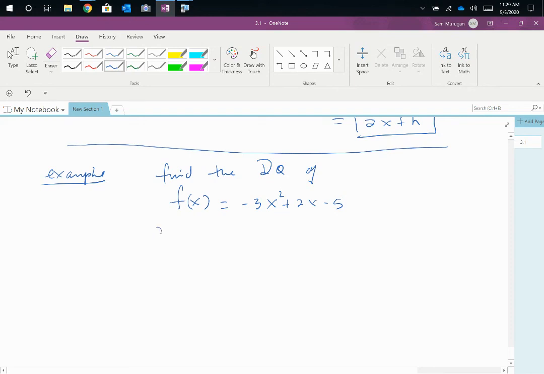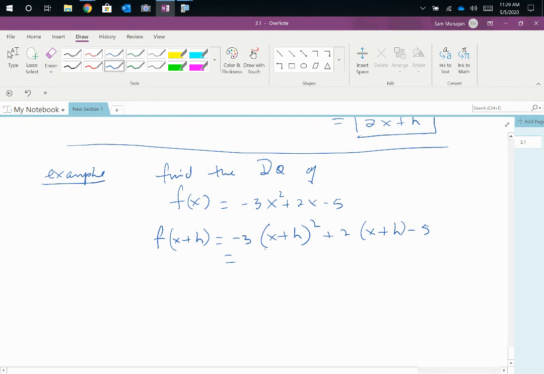Okay, so we start by finding f(x plus h), which is negative 3 times (x plus h) squared plus 2 times (x plus h) minus 5.